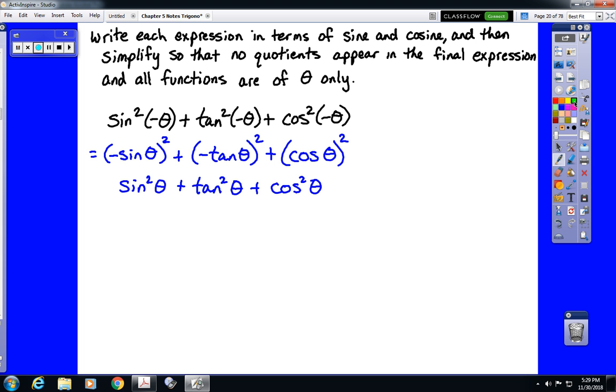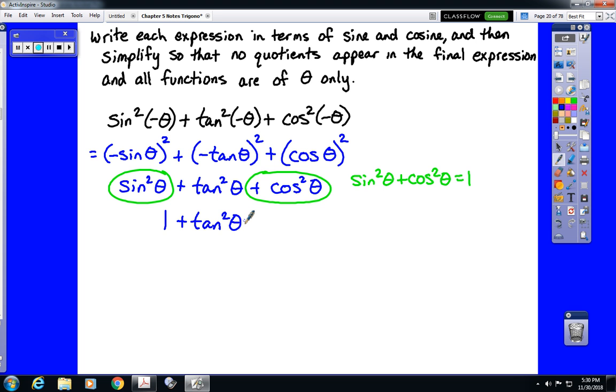This one's a little hard to spot, but it's something that comes up all the time. We have a sine squared plus a cosine squared. It should trigger that if I add those together, the Pythagorean identities say that that is equal to 1. So that would be 1 plus tangent squared theta.